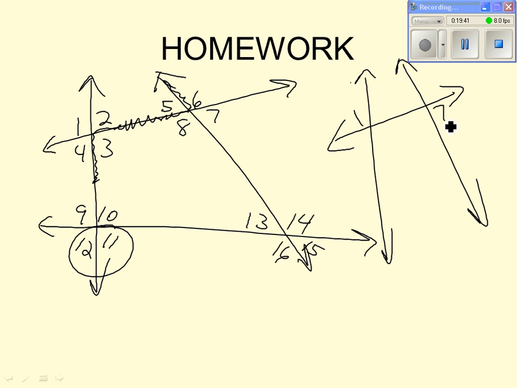That makes it easier, because then you look at this and say, oh, they're both exterior angles on alternate sides. If we drew this line in here, 7 for these two lines would be an interior angle, and we don't want that. So it depends where you match it up and stuff.